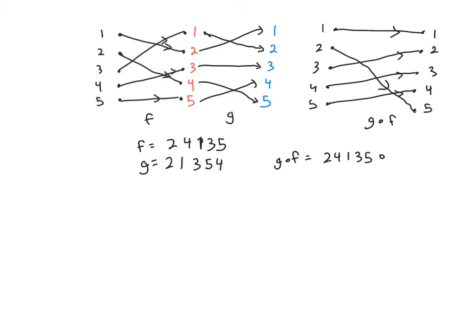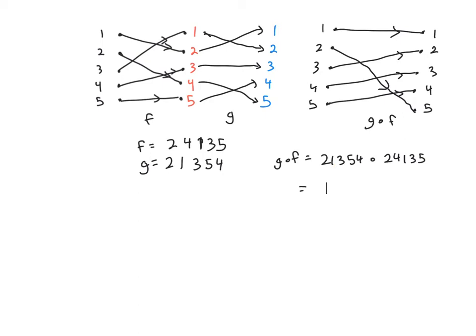Oh, order matters, so make sure we get it in the right order. Well, what happens to the 1? First, the 1 goes to 2. So what's in the second slot here? 1. So we get 1 back.